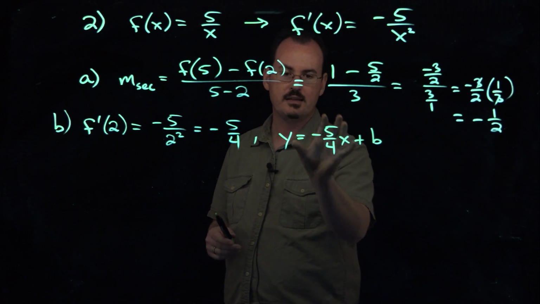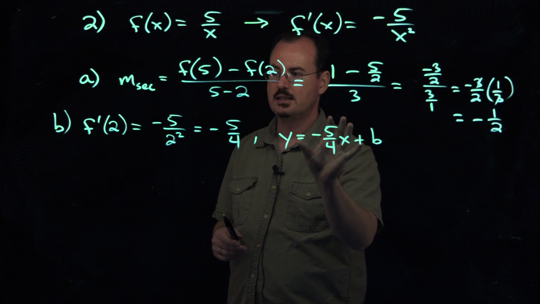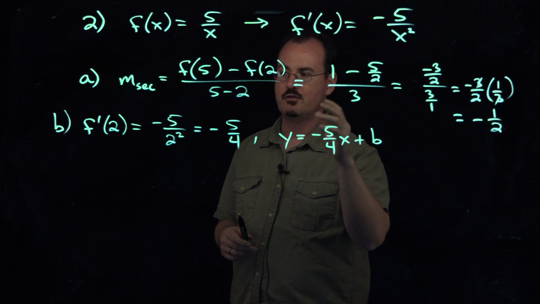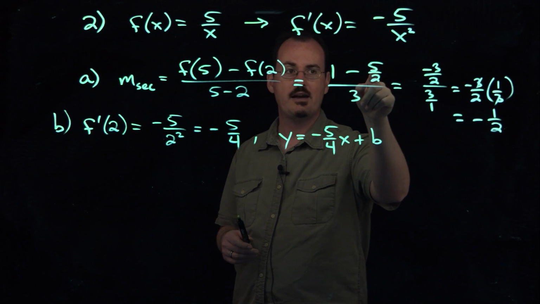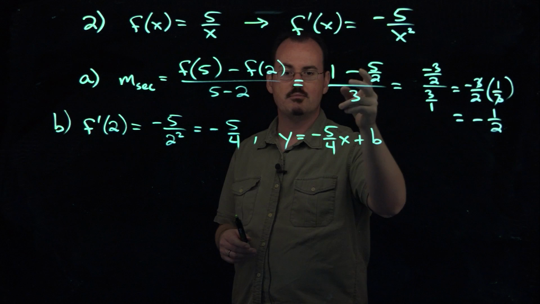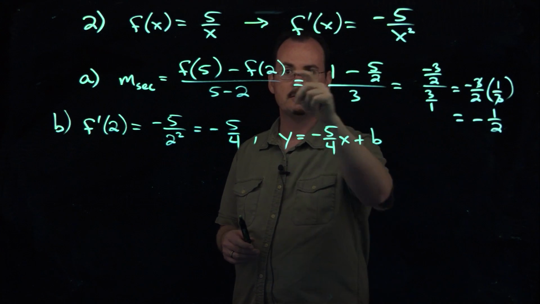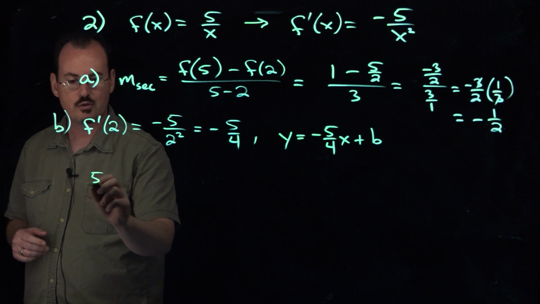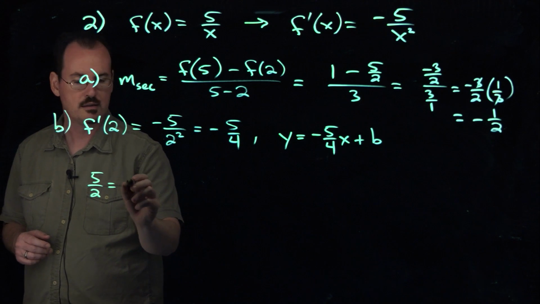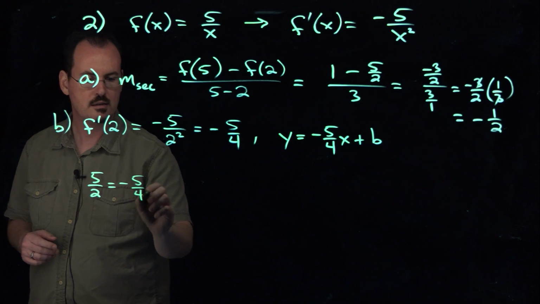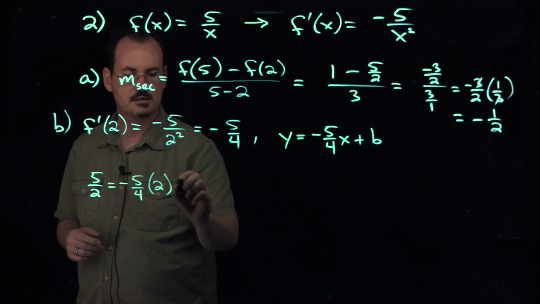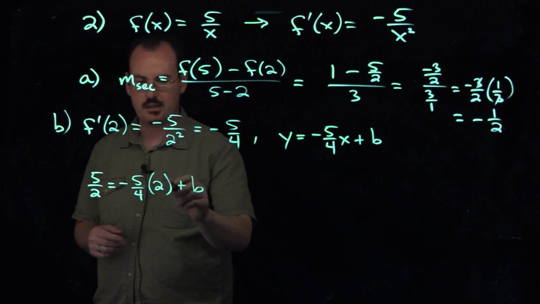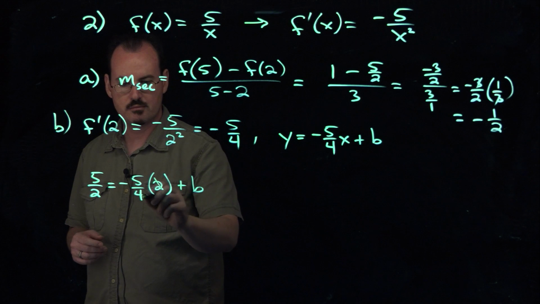But remember how we do that. We know that this tangent line has to pass through the same point as the function itself. In other words, f of 2 is equal to 5 halves. We found that already. That means this tangent line is going to pass through the point (2, 5/2). So what we can do is plug 5 halves in for y, and plug 2 in for x, and then figure out what b is. To simplify this, the 2 and the 4 can cancel.